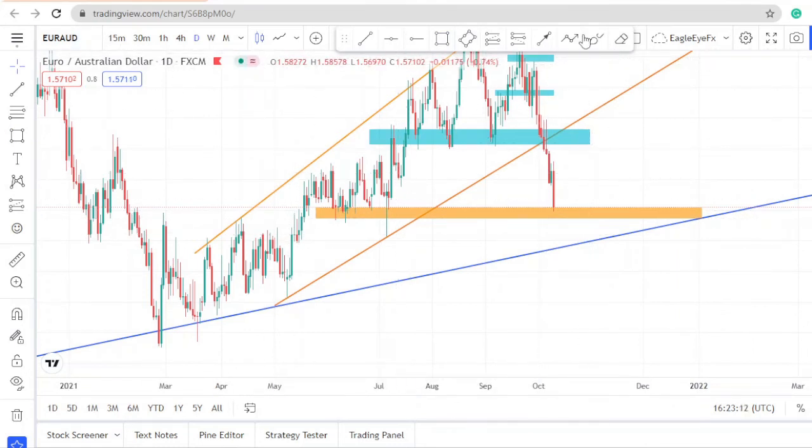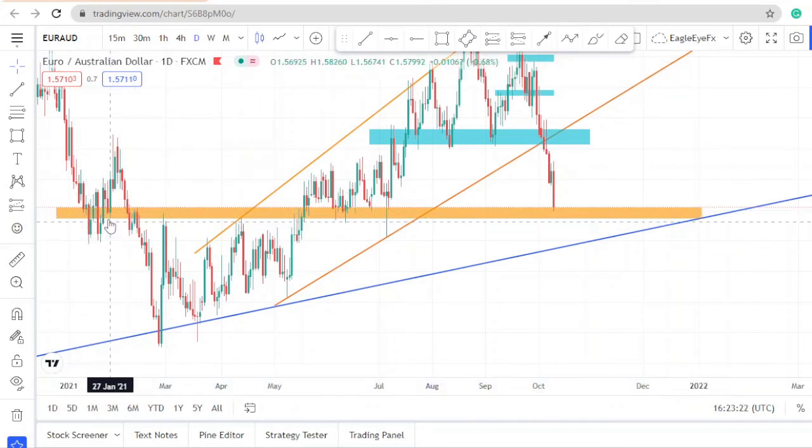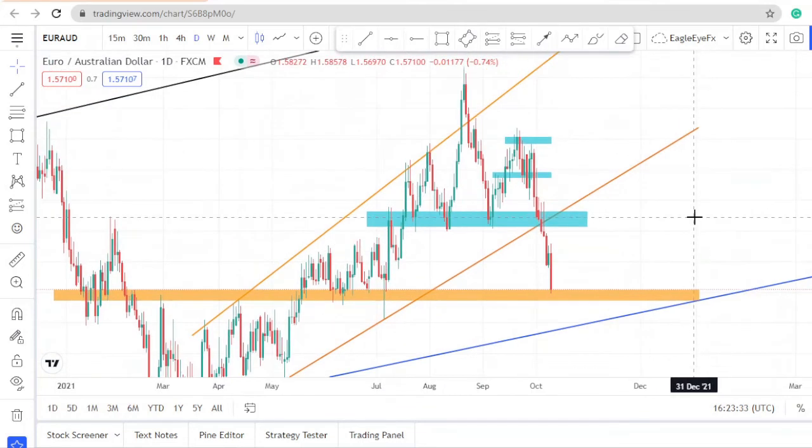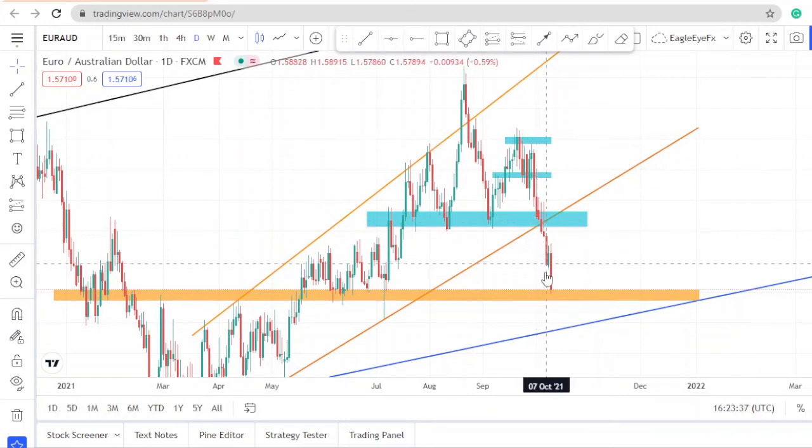If I extend it like this, you can see that we saw some support here, we saw some resistance, then you see a break. The market found support several times in this place, and that's how the market was able to push all the way up there. So you can see that it has come all the way up to this level over here.